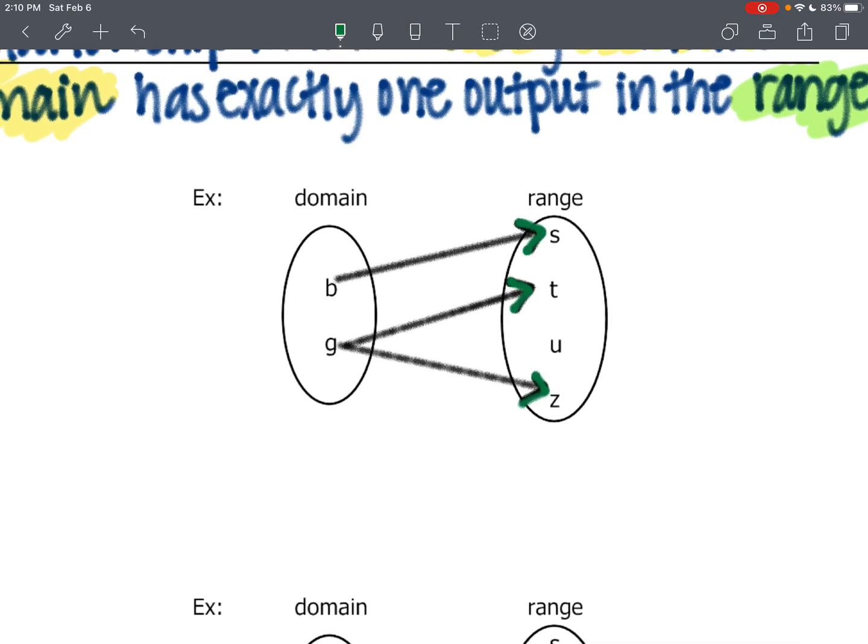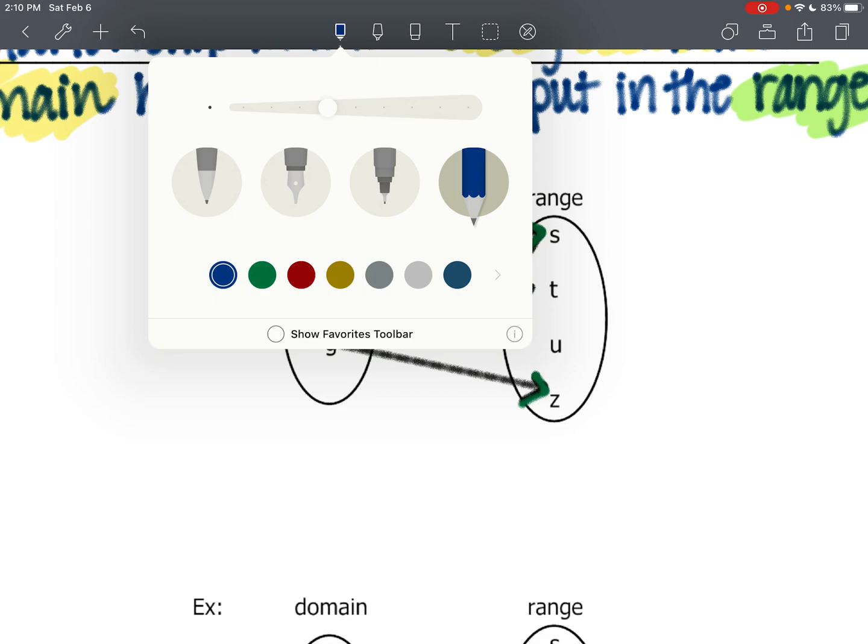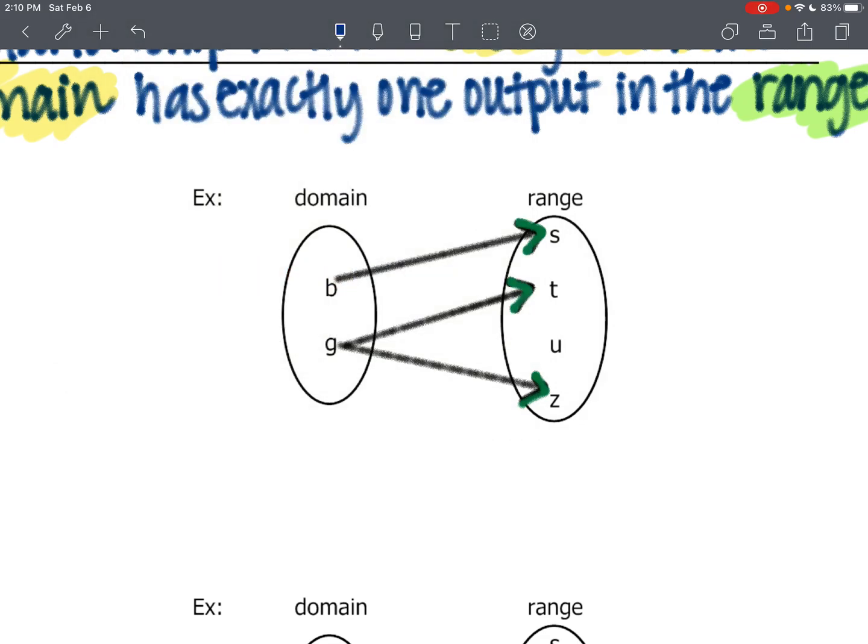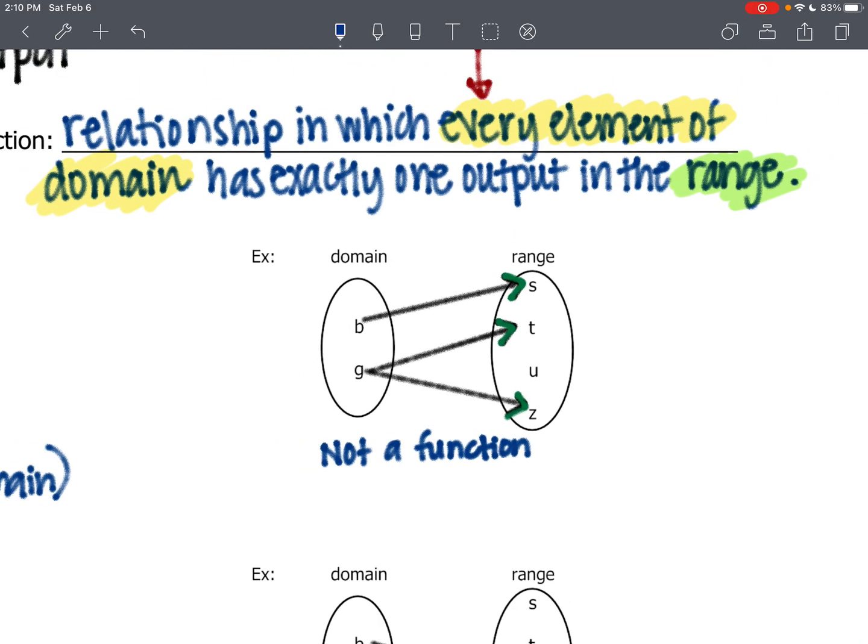So this is an example of not being a function, but for a different reason than the first one. So this is not a function, and the reason here is an element in the domain is used twice.